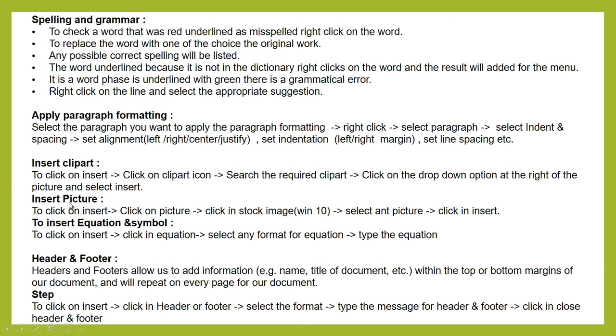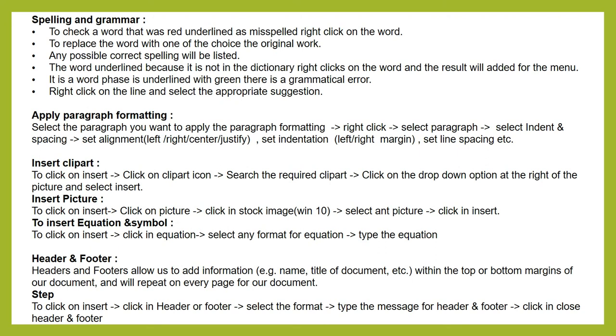Then if you need to insert a picture, go to the insert option, then click on picture. Lots of pictures are there. You have to select any one picture, and it will be inserted in your document. Then you have to go for inserting equations and symbols. If you need to type any equation or symbol, where do you go? Go to the insert option.